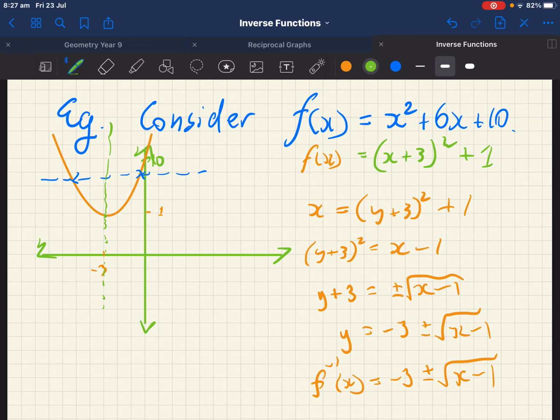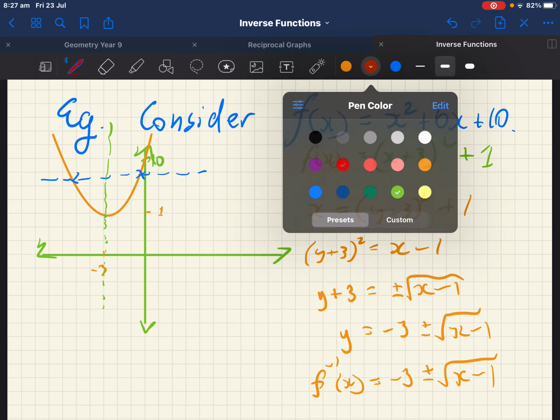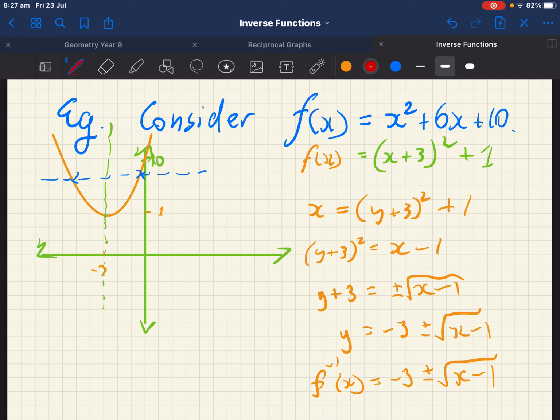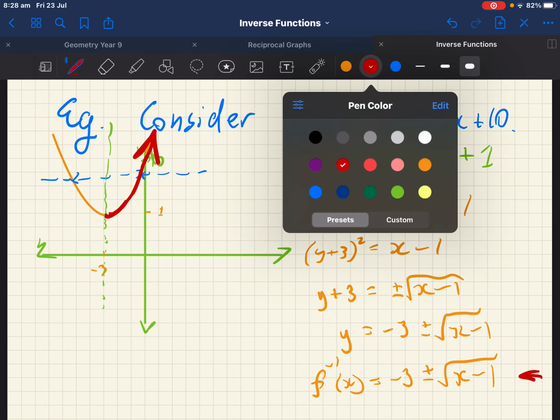So if you just looked at, let me pick a new color here, if you just looked at this right-hand side, that function there, if you put the restriction on the domain, that does have an inverse function. And it would end up being the positive equation down here, the one with the positive square root of x minus 1. And, likewise, where I'm going here with the other one.